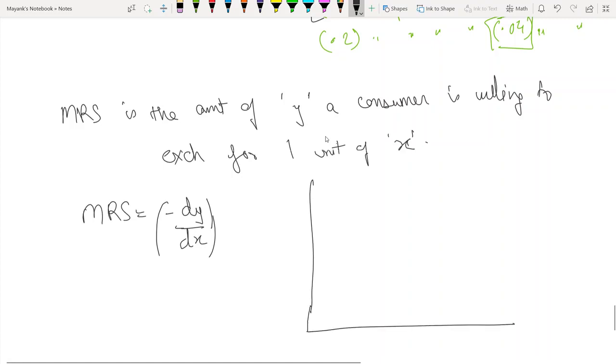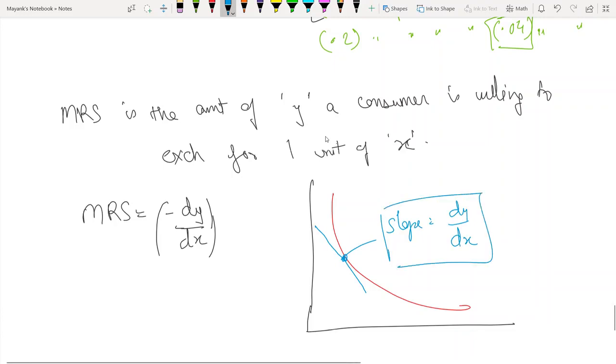Now dy by dx is also the slope of any curve. So if you have this IC, minus dy by dx is nothing but the slope at this point. So MRS is nothing but the slope of the indifference curve.